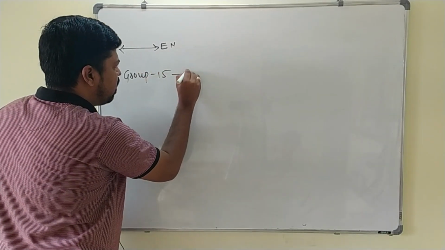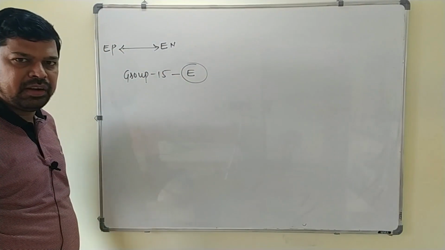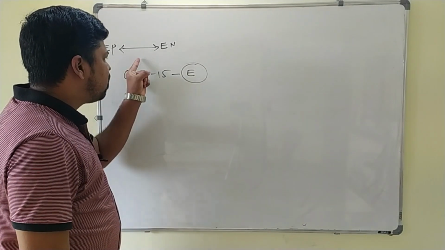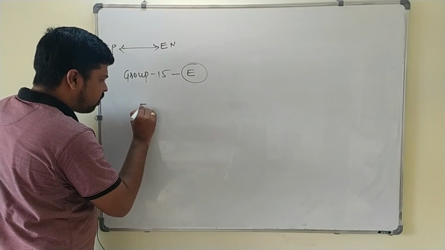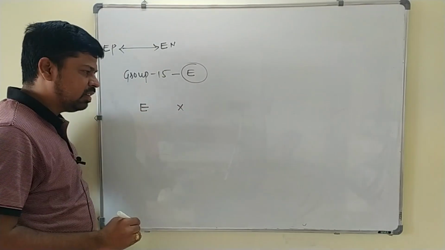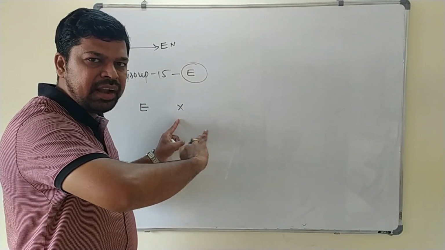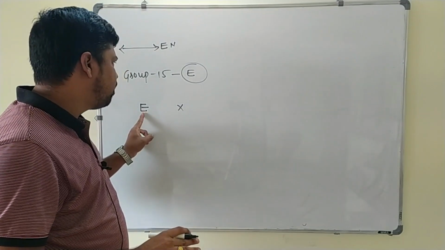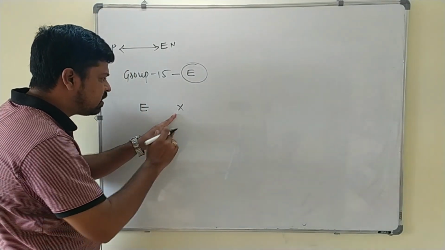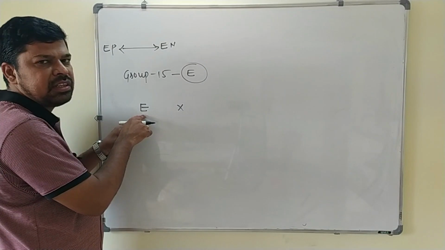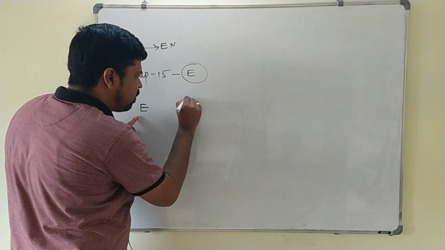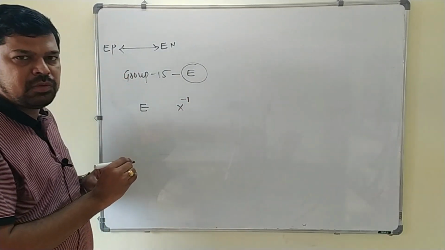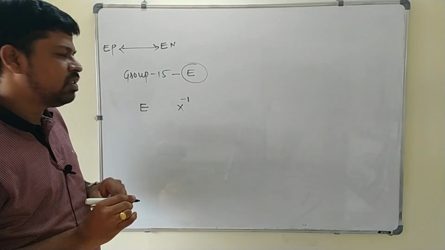Consider the reaction of this group 15 element with halogens. Halogens are present at the right hand side, and group 15 elements at the left hand side. So halogens are electronegative and group 15 elements are electropositive here. Halogen being electronegative, it will show -1 oxidation state. That is the most common oxidation state of halogen here.